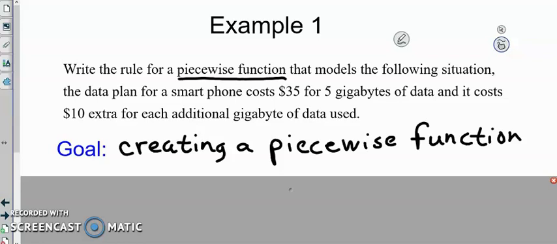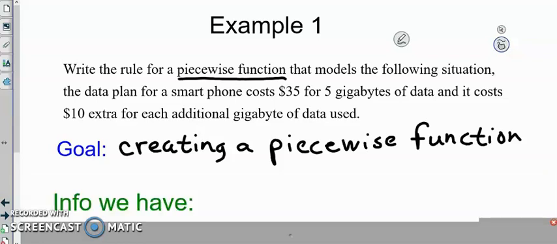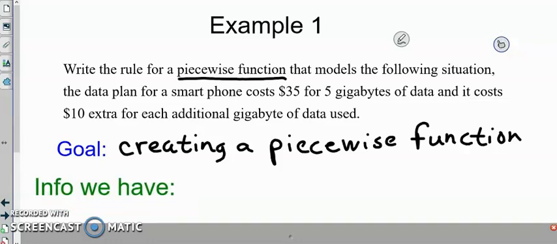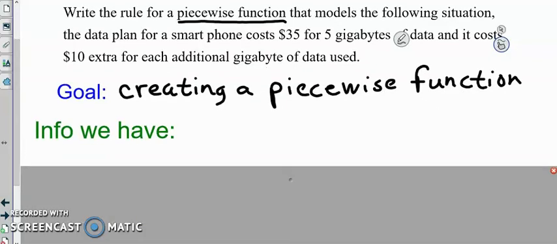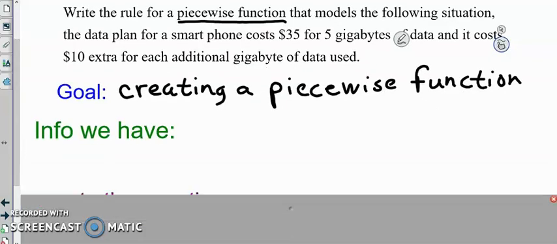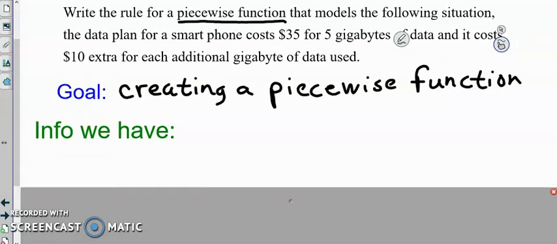All right, so our next step is, okay, what information do we have? Let's write it down. We have two things going on here. First off, you pay $35 flat for 5 gigs.